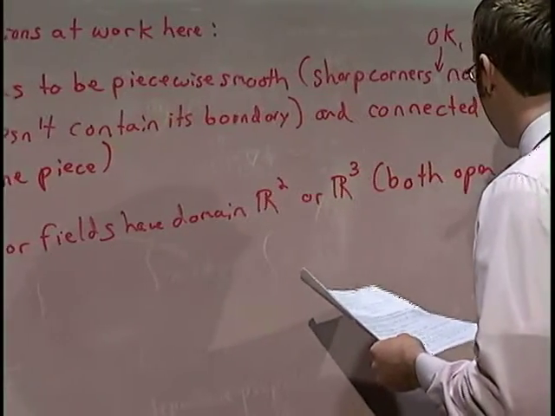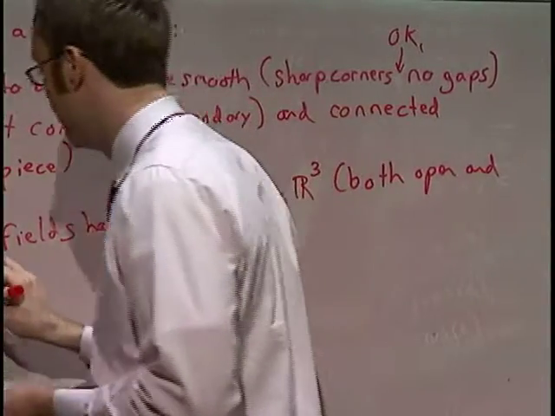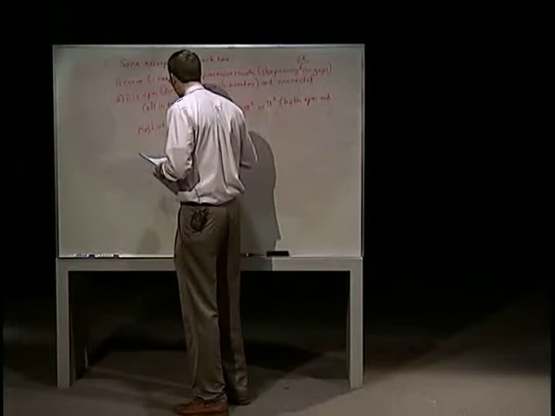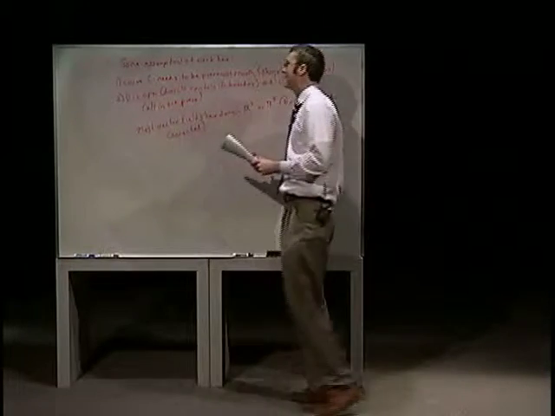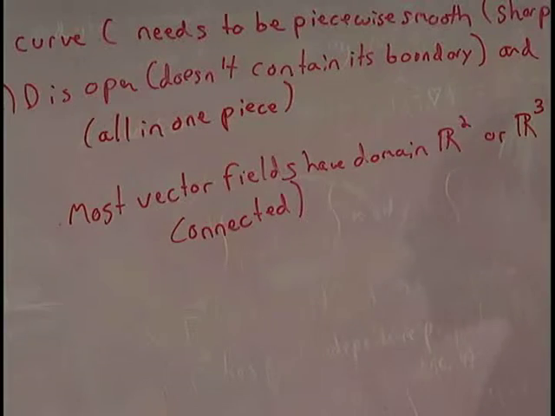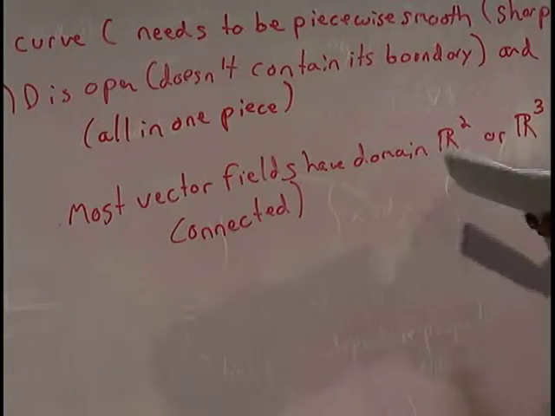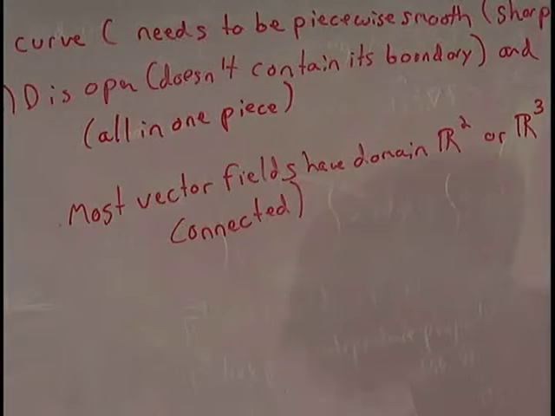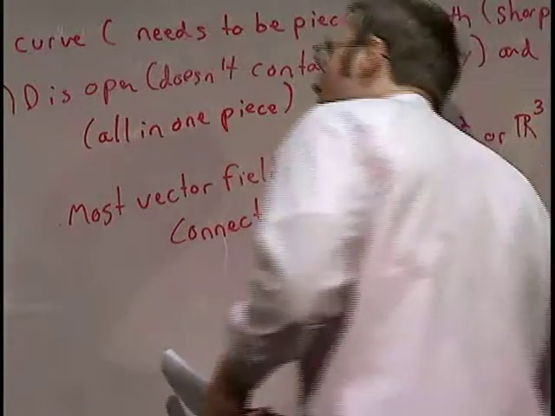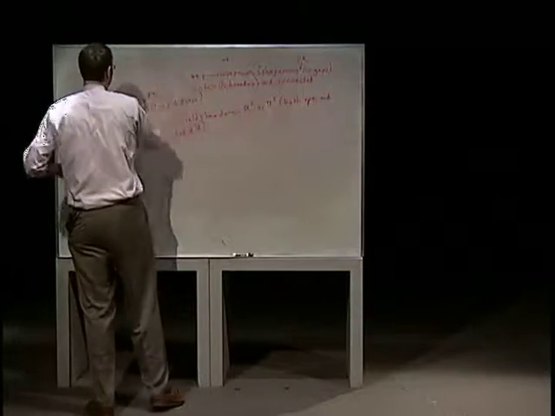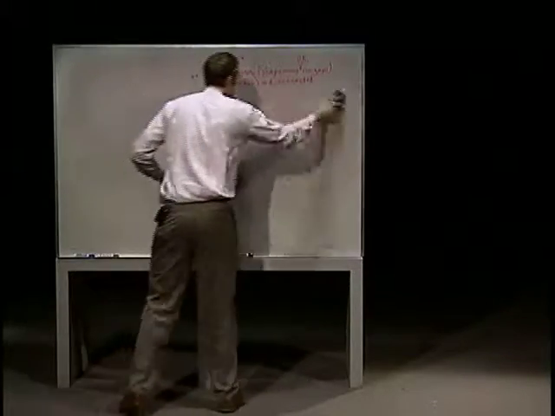It takes sort of a funky field, not a funky field, but a field defined on a funky subset, to violate this. So these are usually no problem at all to have these two requirements satisfied. Okay, so that's some behind the scenes kind of stuff going on. At least you're aware of it.